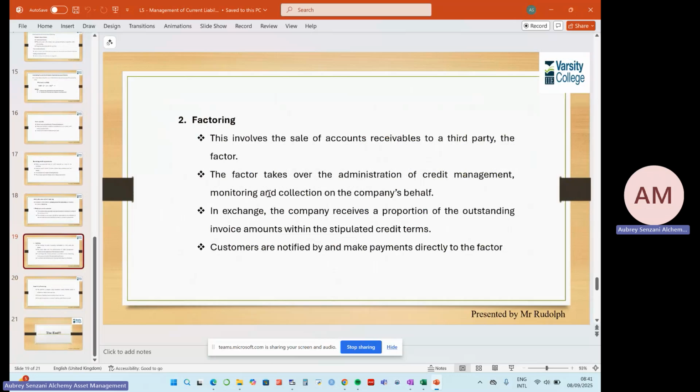You might buy it for 4.5, you might buy it for 4 million, whatever we agree and negotiate, because you now have the task of administering, calling, monitoring the credit with those customers. And on top of that, why am I selling my debtors in the first place? Because I'm trying to generate some form of financing. So I need the money urgently. Does that make sense?